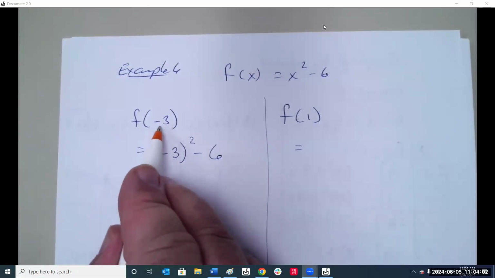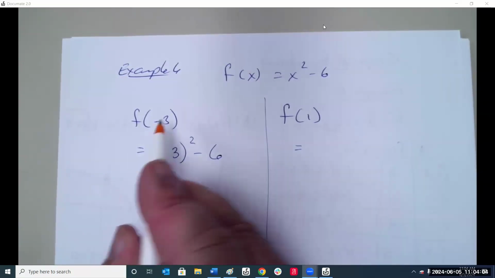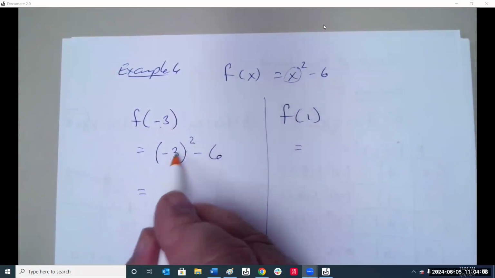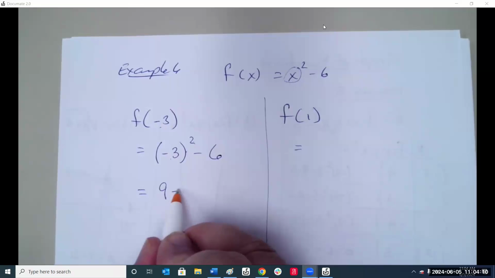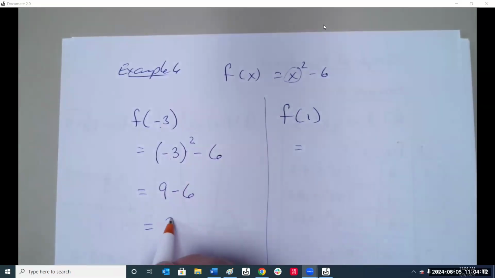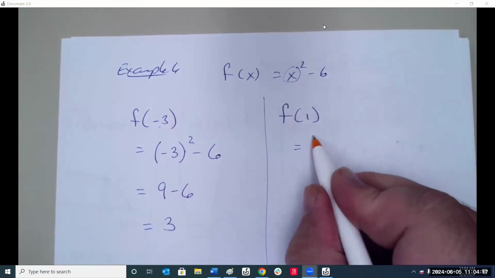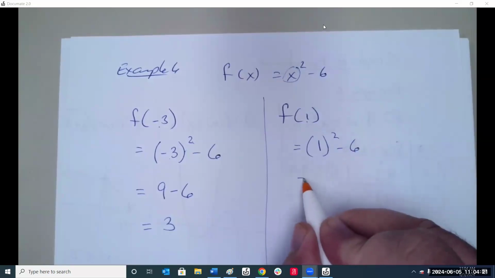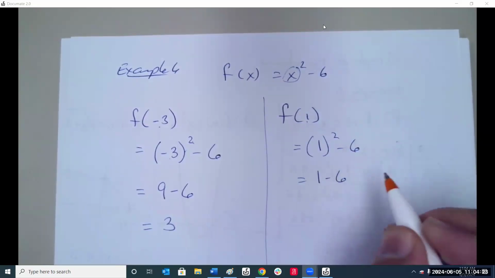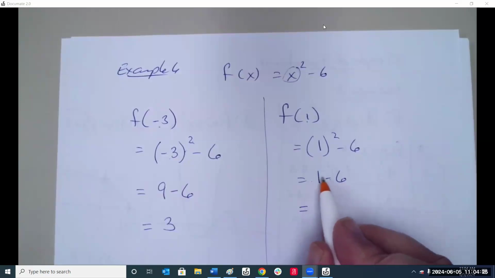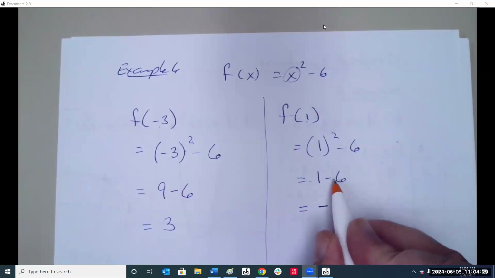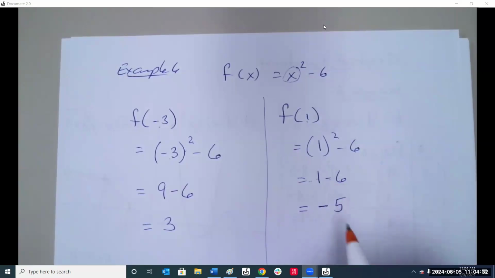So the first one, anywhere I see an x, I put a -3. Anywhere I see an x, I put -3 squared. -3 squared is +9, minus 6 is 3. Now I put a 1. 1 squared minus 6. 1 squared is 1, minus 6. Since they're opposite signs, take the sign of the bigger number and subtract them. 6 minus 1 is 5, so -5.